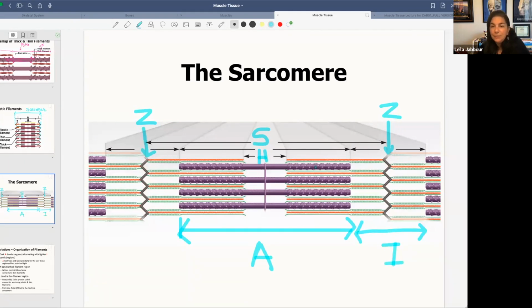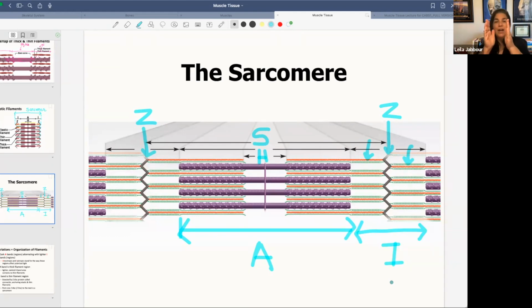So the thin filaments, which are illustrated in orange here, are on both sides of the Z disc. You have thin filaments because, for example, these thin filaments are part of the next sarcomere, and these thin filaments are part of this central sarcomere. So the I band is actually two halves.